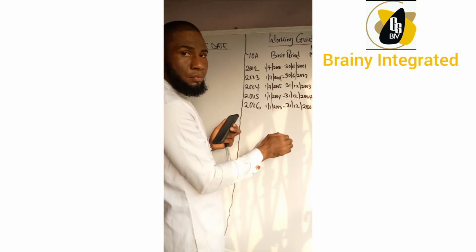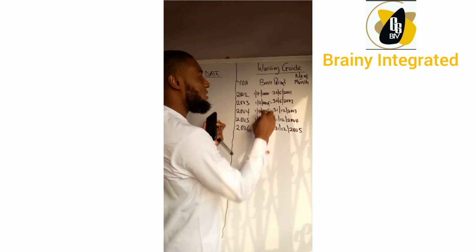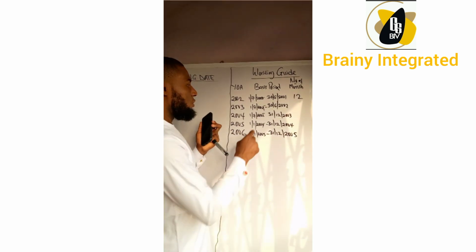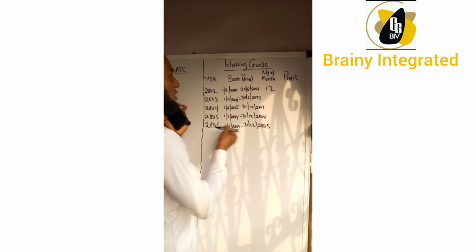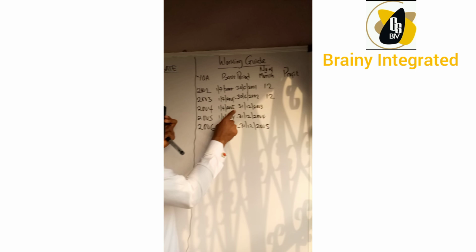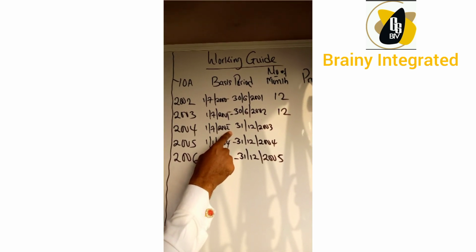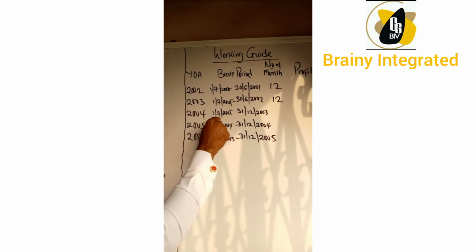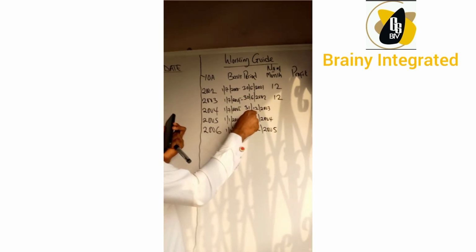Okay, so for the first basis period, that gives us exactly 12 months. For the second basis period, it gives us exactly 12 months. For the third basis period, this gives us 12. This is from 7 to June next year.